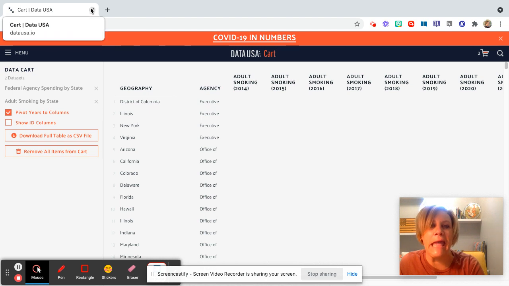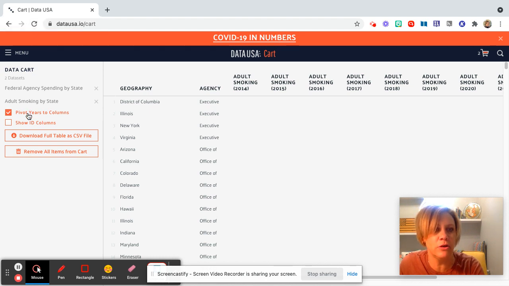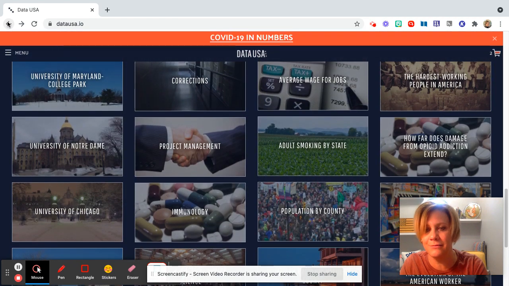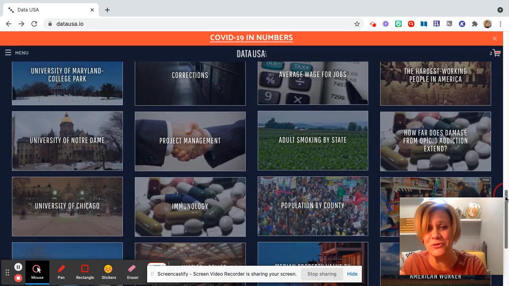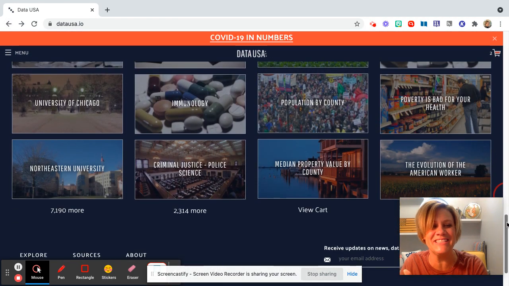Data Cart can be a little tricky. As you can see, this didn't fill very well. Don't know if it's because of something I've done or not, but you'll see that Data Cart has the ability to actually compare and contrast some data. That being said, I just ran into a quirk, so you can look at it and see what you think.